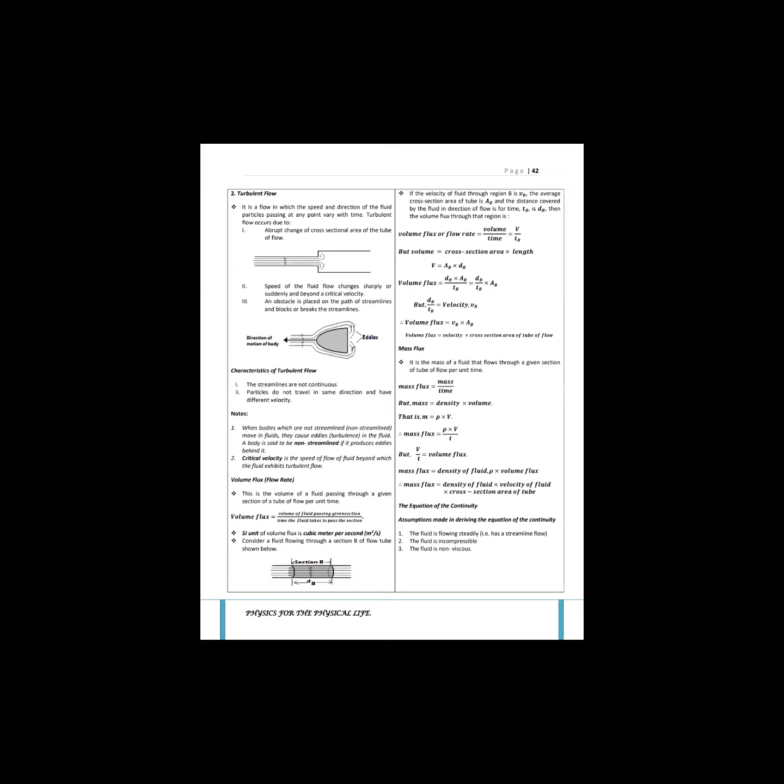So for this case, we are considering a tube, meaning from the diagram we can see a tube with uniform streamlines. So for this case, volume will be the same as the cross-sectional area multiplied by the length. So can you write somewhere, the volume is equal to cross-sectional area multiplied by length.